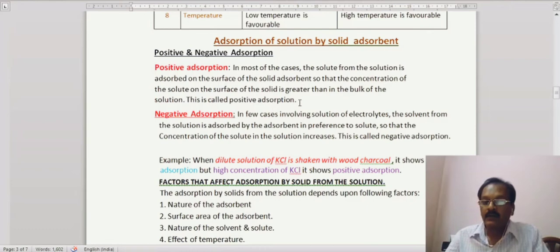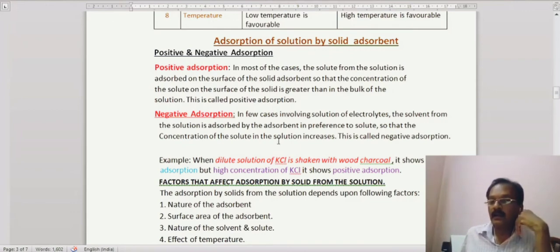Means when you take a low concentration, less amount of solute and more amount of solvent is present. In such a case, the solvent is adsorbed by the adsorbent in preference to the solute.